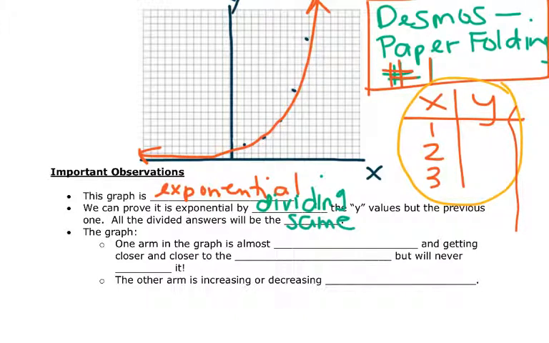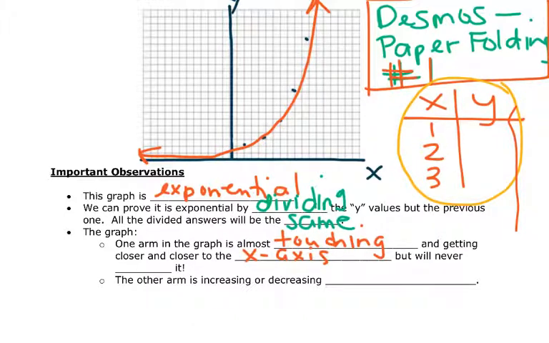We can also prove something's exponential by just looking at the graph, or we can describe what an exponential relation looks like. As you remember, one arm in the graph is almost touching, and getting closer and closer and closer to what? It's getting closer and closer to the x-axis.